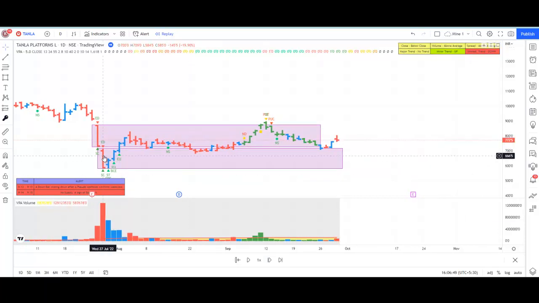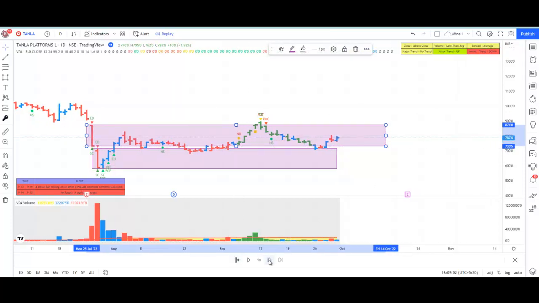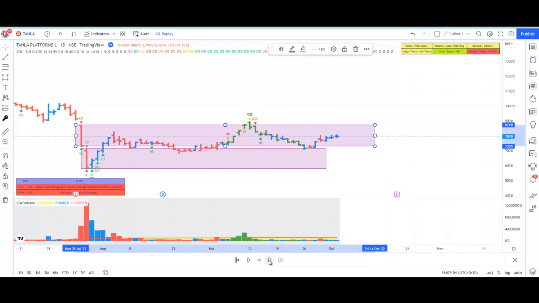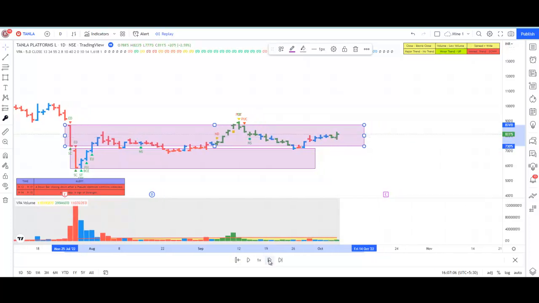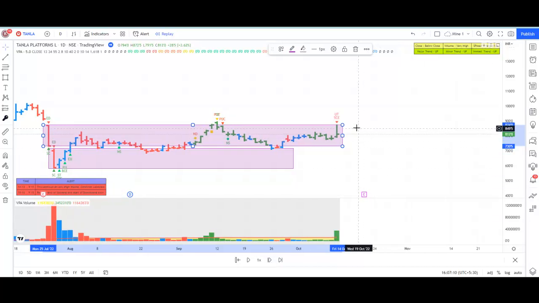Again, the high of the second selling climax bar acted as a support. And the stock is now again back into the shadow of the first bar. Here an attempt to move up, but again the high of the first bar acted as a resistance.